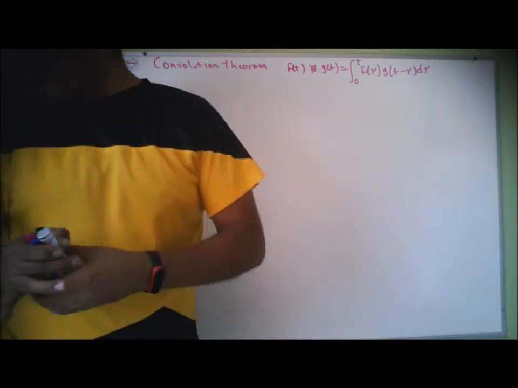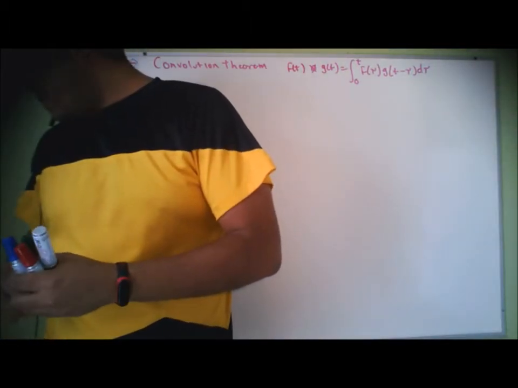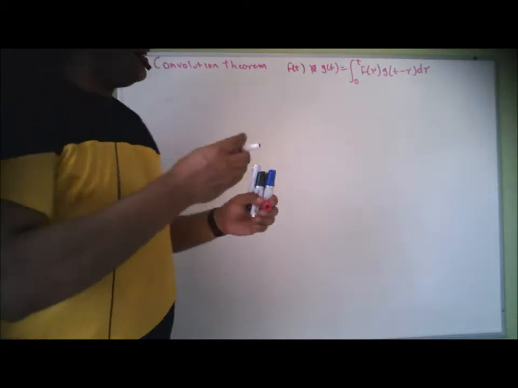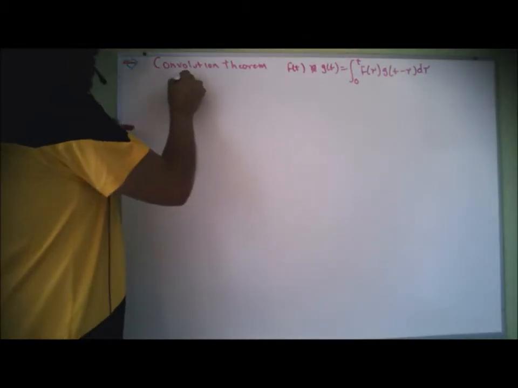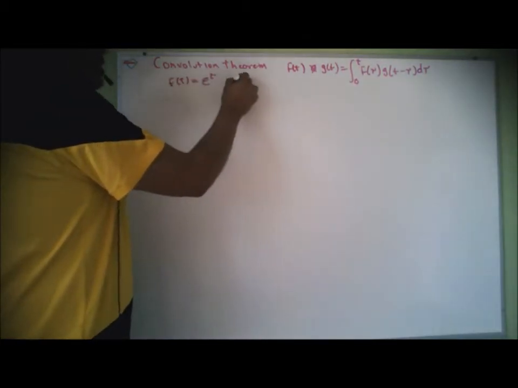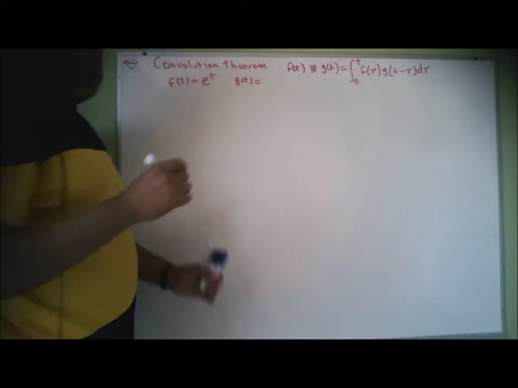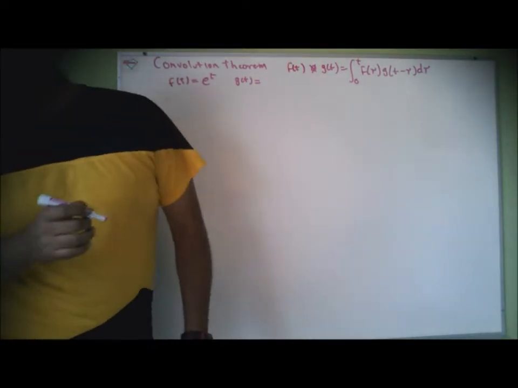Okay, let's see one example. Let's say that f of t is equal to the exponential of t and g of t is equal to the sine of t.